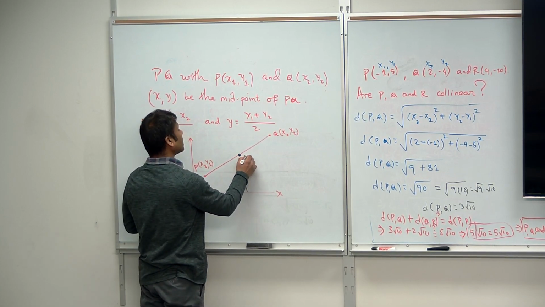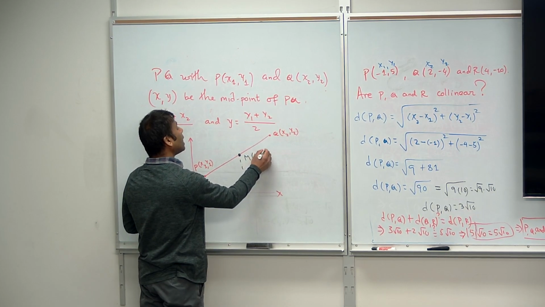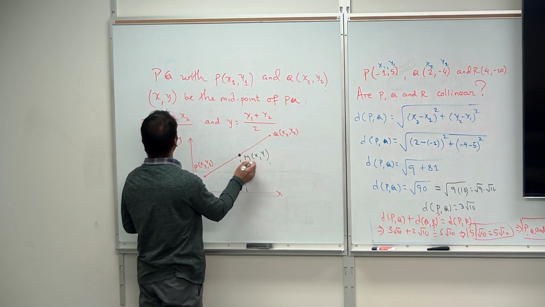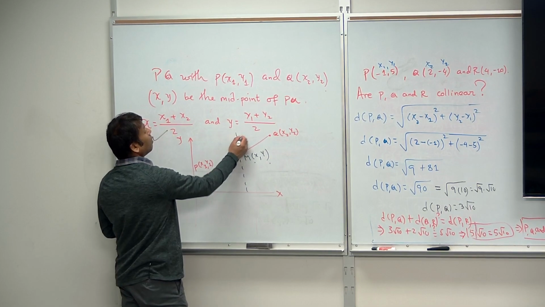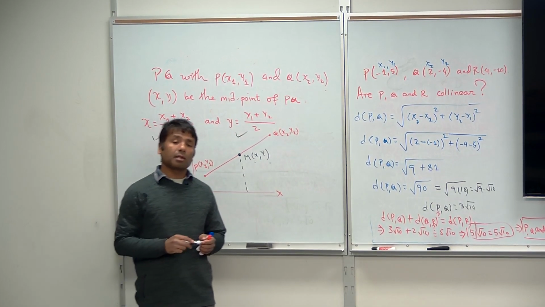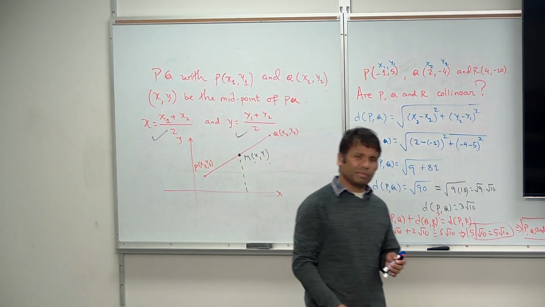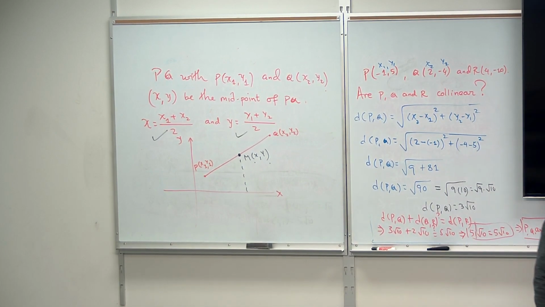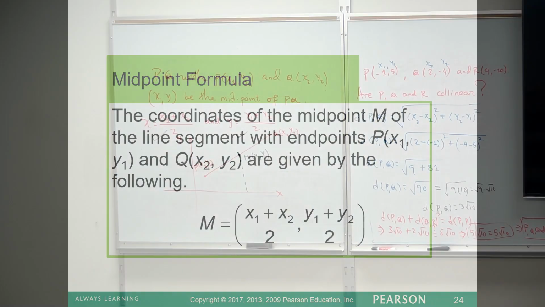If this is the midpoint (x, y), the coordinate of the point x is given by this, and the coordinate of the point y is given by this. That makes sense? Did you get it? So now let's work with the problem.